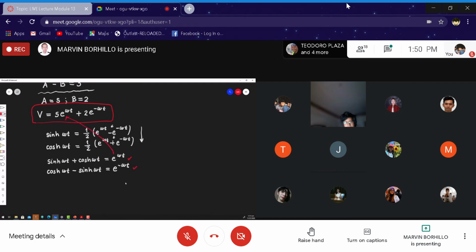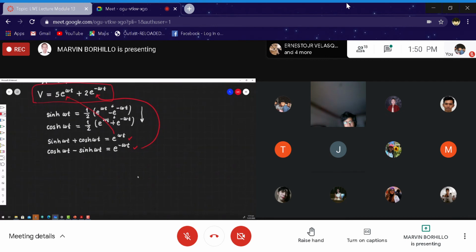Itong part na to, ito yun. So, let's substitute the results. So, V is equals to 5 times yung mahaba, yung first part, hyperbolic sine omega t plus hyperbolic cosine omega t.